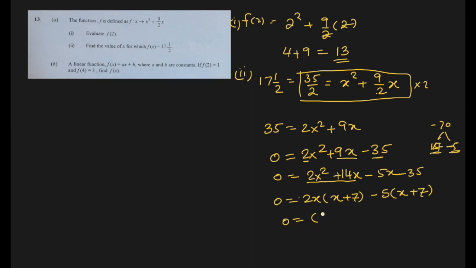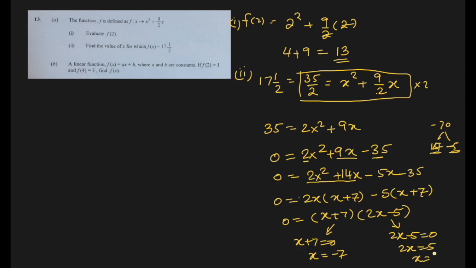So 0 equal to (x plus 7) is common in both, (2x minus 5). When two factors multiply to 0, we make them individually equal to 0. So this gives us x equal to negative 7. And this gives us 2x minus 5 equal to 0, so x is 5 over 2. We got two values for x.